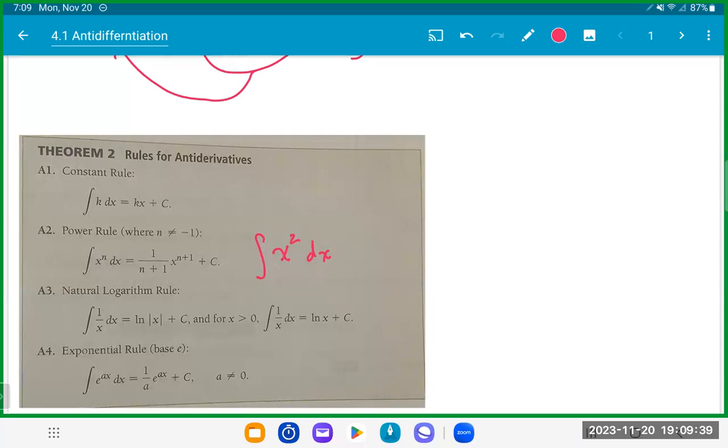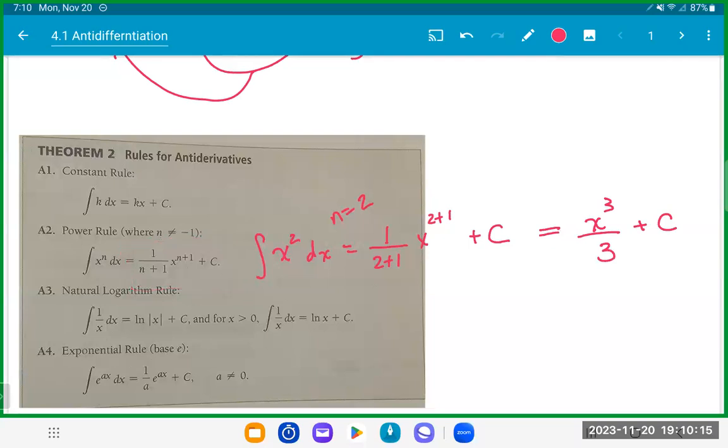So if I want to know the antiderivative of this, my n in this case is 2. So it's going to be 1 over 2 plus 1 times x to the 2 plus 1 plus c, and that simplifies down to x cubed over 3 plus c. Okay, so that was the example we used previously.